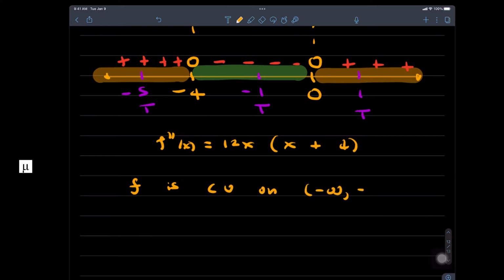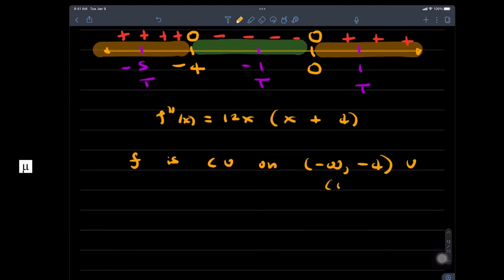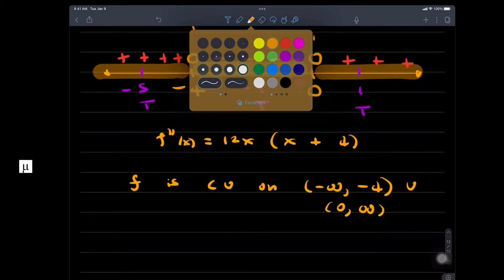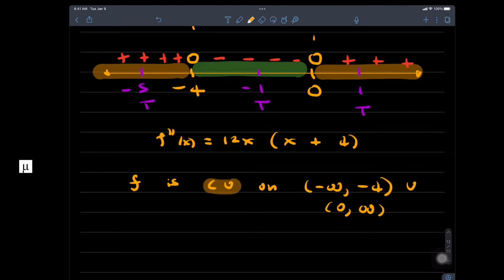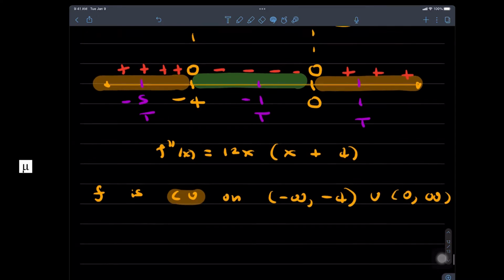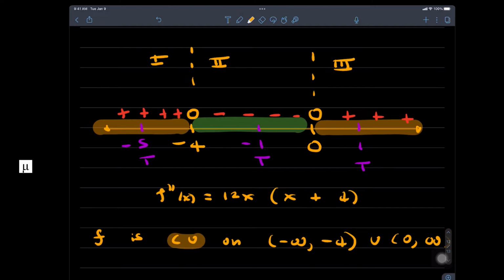Negative infinity up to -4 union 0 to infinity. You guys okay with that one? Because that's where the second derivative is positive. So let's move it over. Maybe we can fit it in. Looks like we can. So there you go. It looks a lot better. So you're really describing regions 1 and 3. Is that right? You guys see what I'm saying? That's where the second derivative is positive.